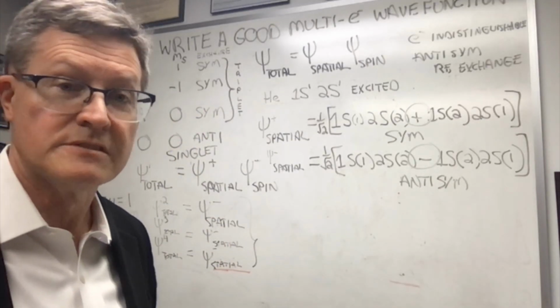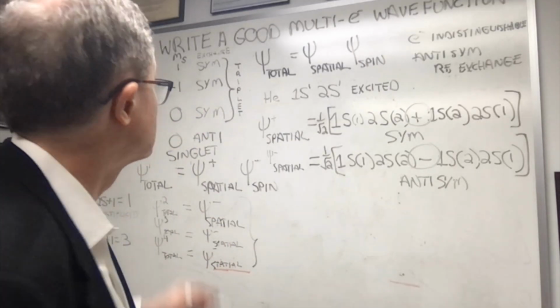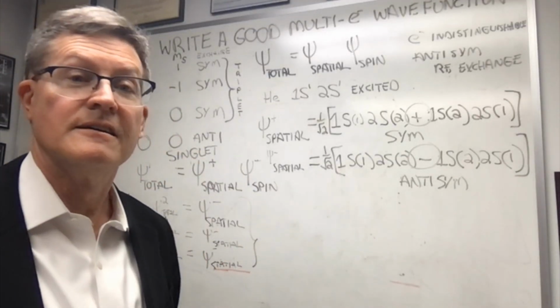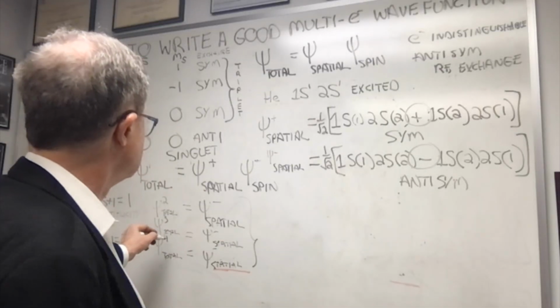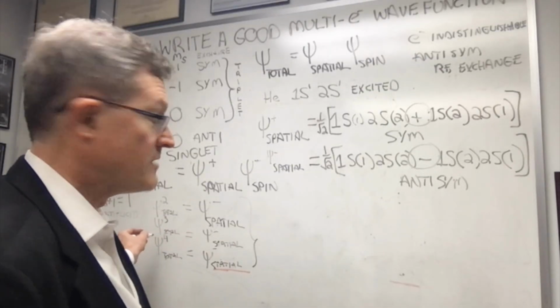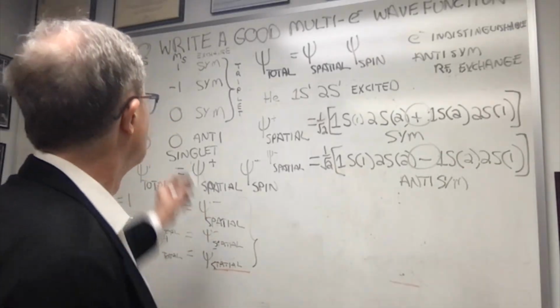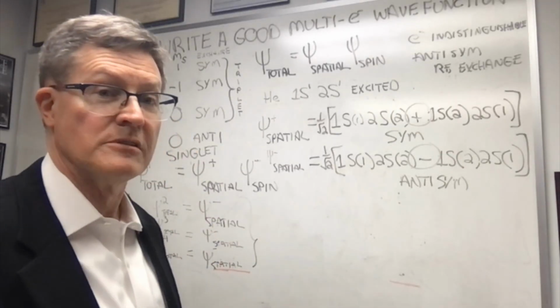There are three different ways to write it because we can use that triplet. And that's how we get the total antisymmetric wave function, multiplying an antisymmetric spatial part with a symmetric spin part.